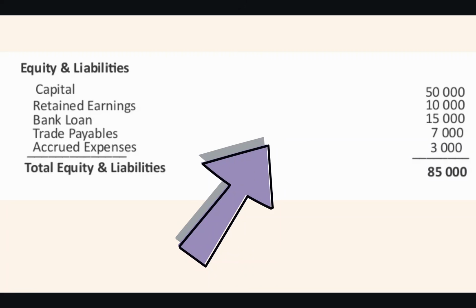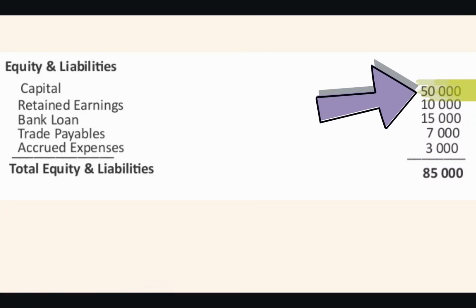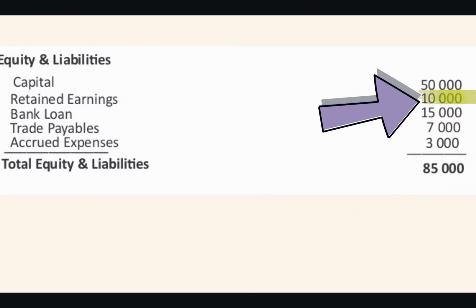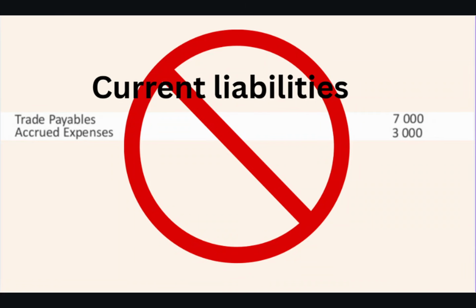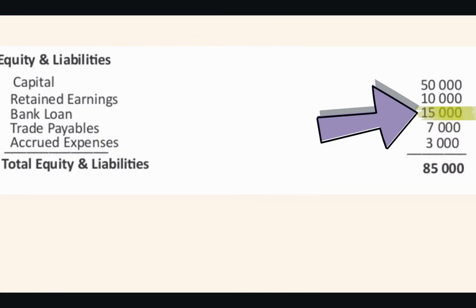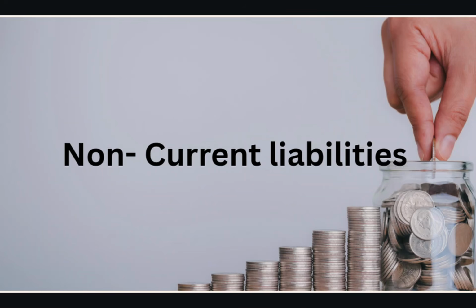We are going to need the section of equity and liabilities. Here we are going to use the capital, the retained earnings, which is part of owner's equity, plus long-term loans or non-current liabilities, not current liabilities such as trade payables or other payables, only non-current liabilities or long-term finance.